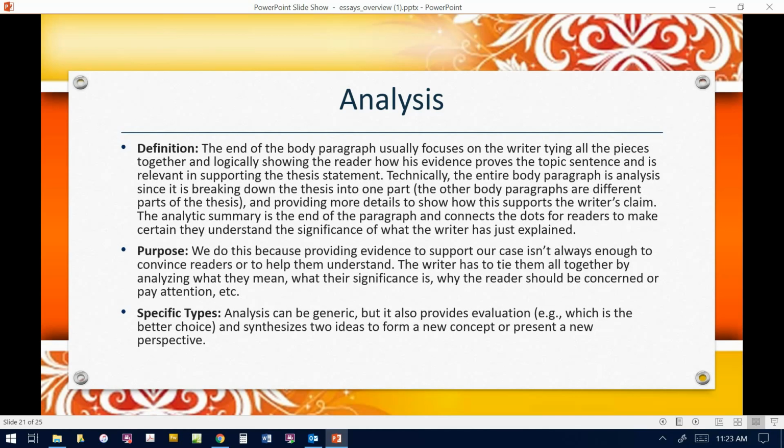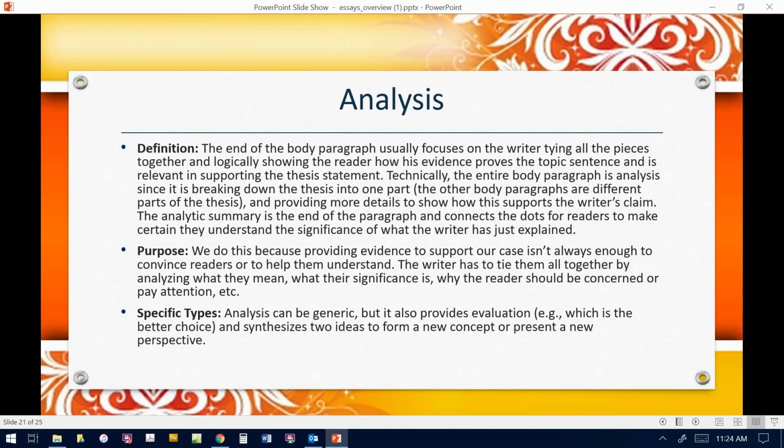People can be given facts and figures and still not see why that proves what you think. So in the analysis section, what we're doing is connecting the dots. We are showing how our topic sentence, explanation, and examples all work together to not only prove that point, but also support in part our thesis statement.